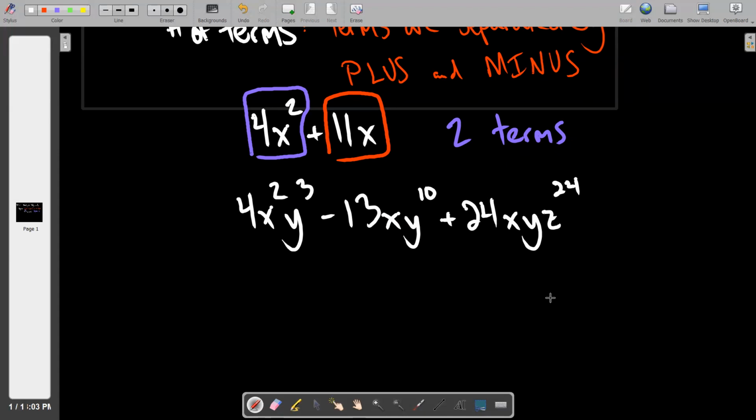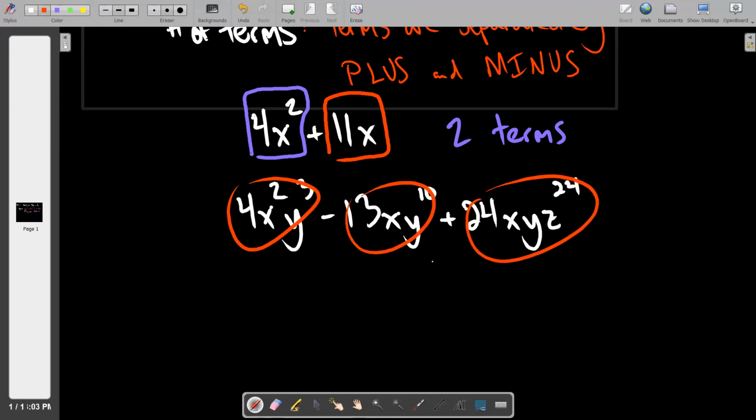And at the end of the day, if you understand the definition of what a term is, then you understand that it's chunk of junk minus chunk of junk plus chunk of junk. And the fact that there are three chunks means there are exactly three terms. So are you all clear on what the degree of a polynomial means and what the number of terms is all about?